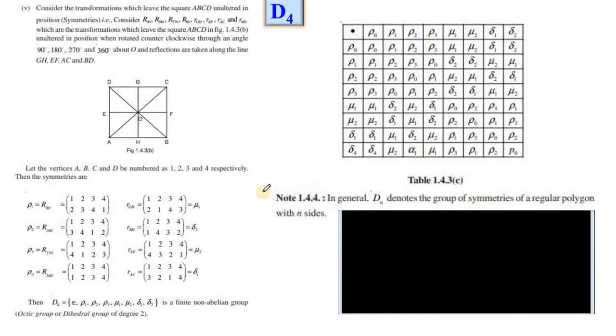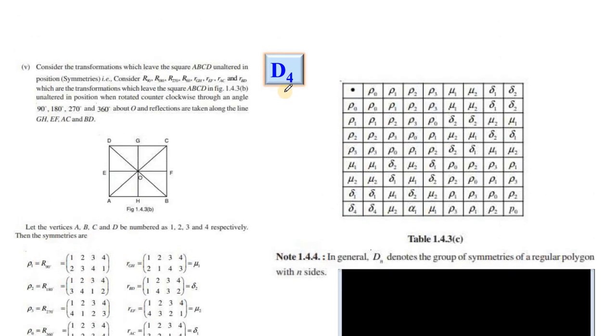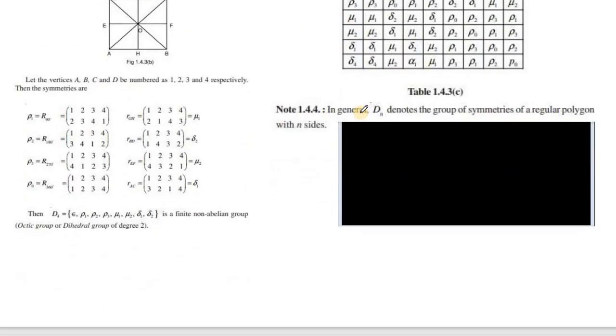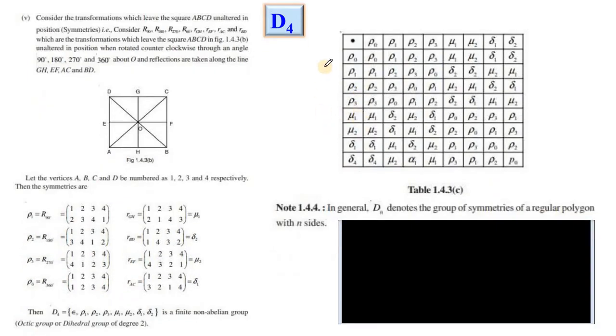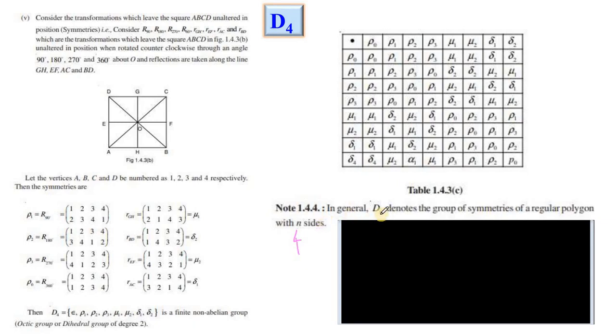And in the case of D4, this is nothing but the group of symmetries of a square, which has 4 sides. That is why it is denoted as D4.